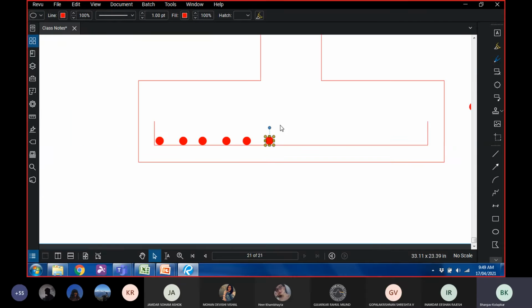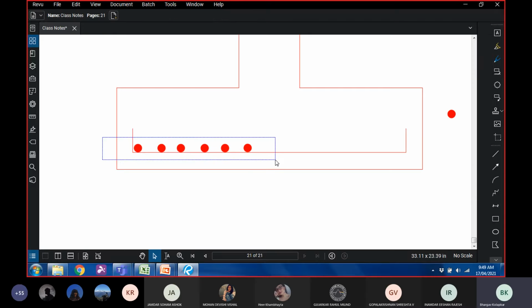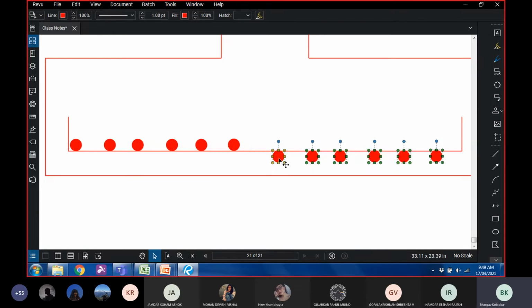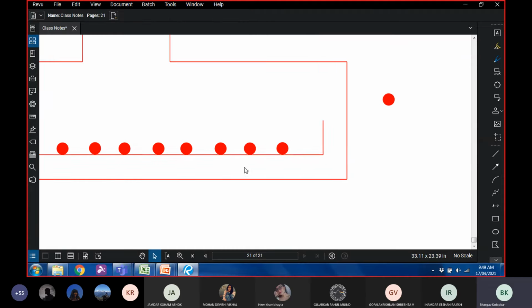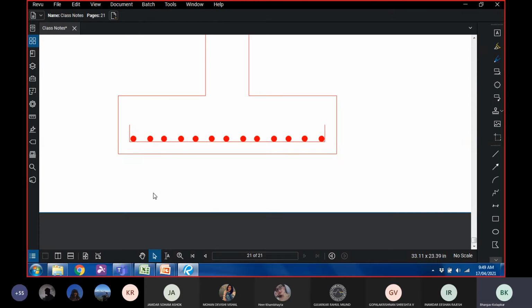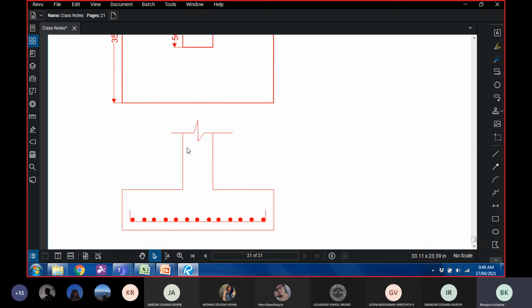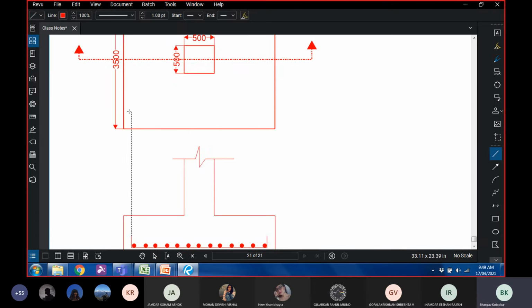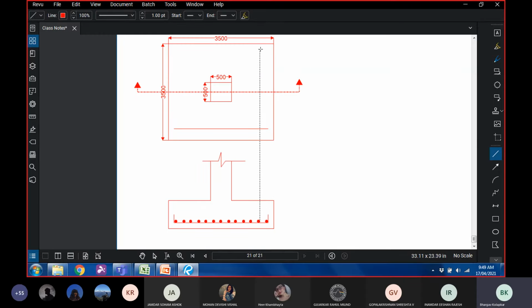This is just a sketch to show to the invigilator that you have understood. Okay, so this is the rebar that you see in line is actually the rebar in this direction, like this, and the rebar that you see in circles is the rebar in this direction.